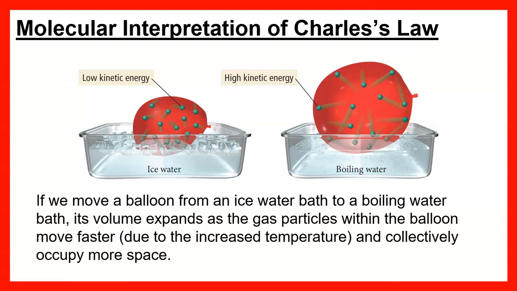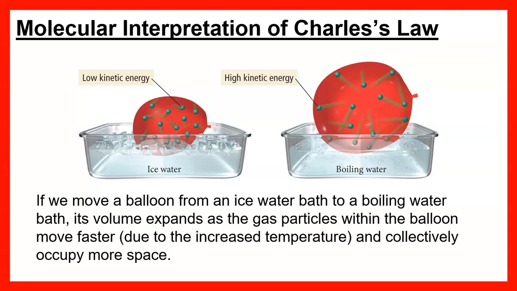If the container can expand, then the distance traveled is bigger, which means it takes more time. So by allowing the container to expand, the particles have to travel further, takes longer, they will keep hitting the sides of the container at the same rate, and therefore the pressure doesn't change.